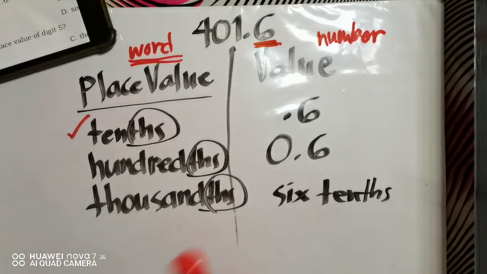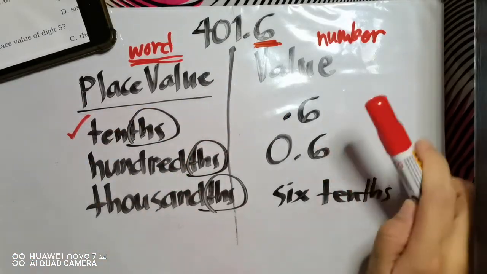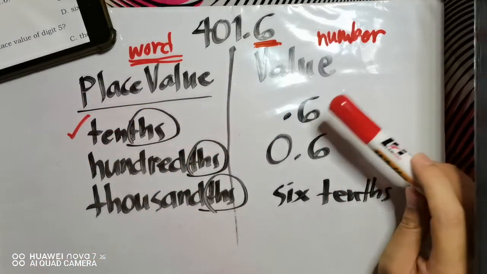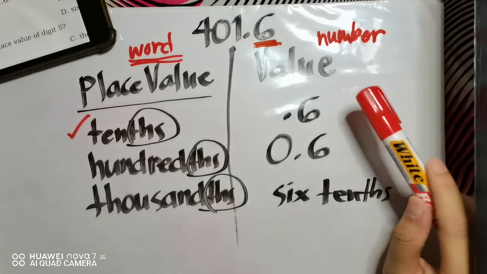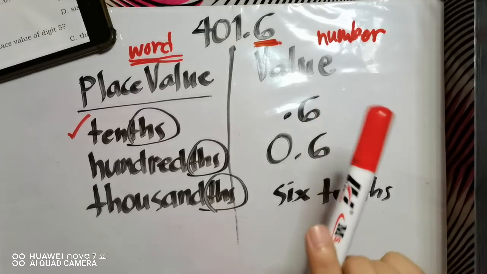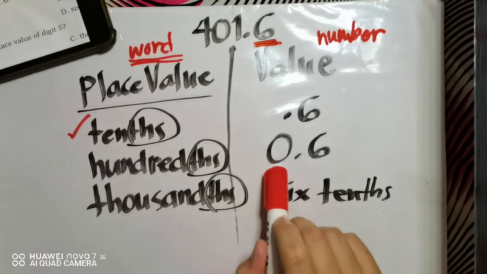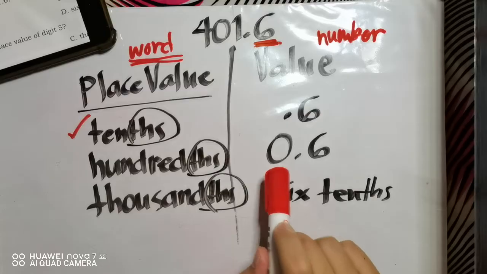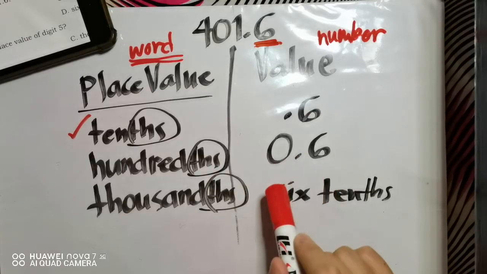You can write it using the decimal point, and then you have here the value, which is 6. Now, if you're going to read this, you read this as 6/10. Or you can add 0 in front doon sa ating whole number so that it can be 0 and 6/10.